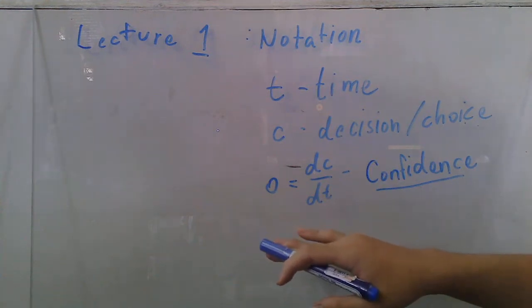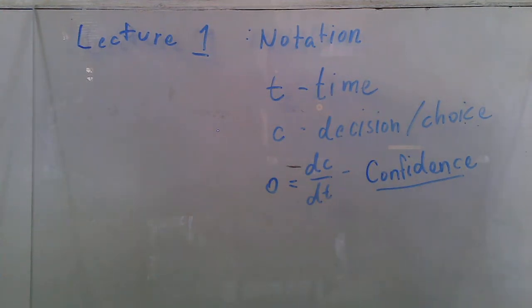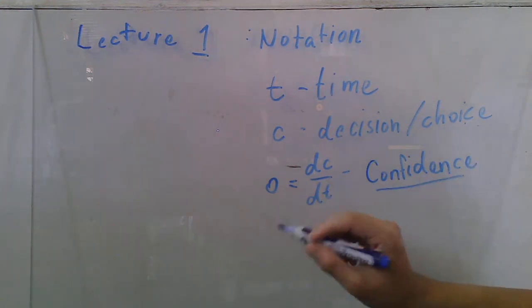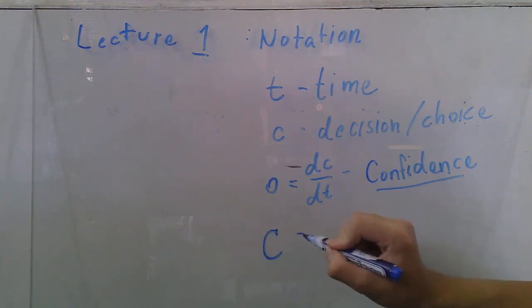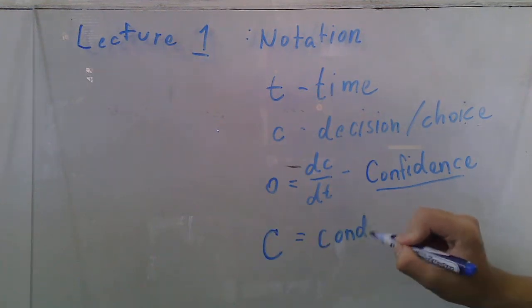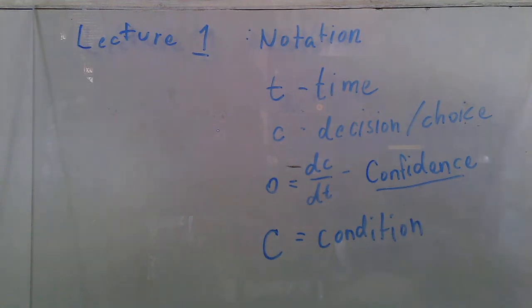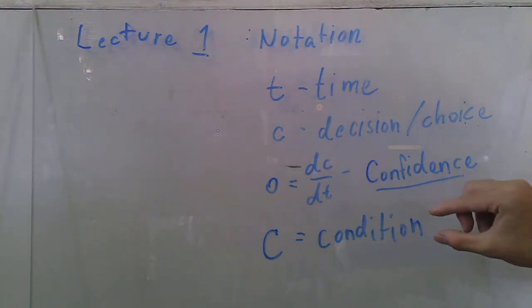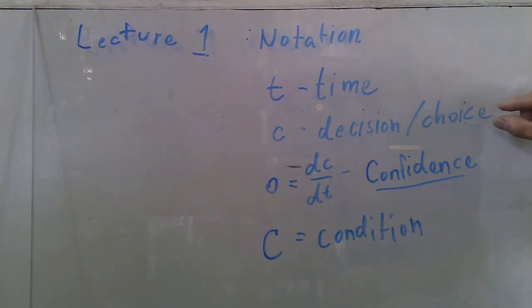So we shorten it to O. Next we have condition, capital C. Condition is the state of the person, how he feels at the moment. I need you to understand there's an important distinction to be made between condition and decision.